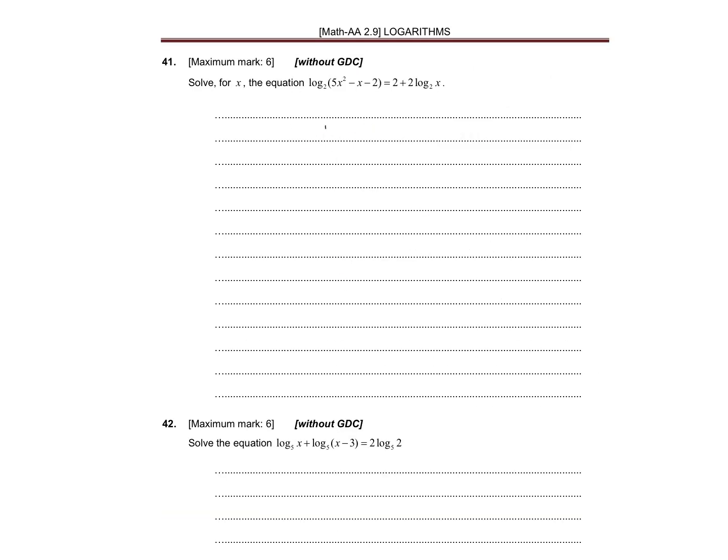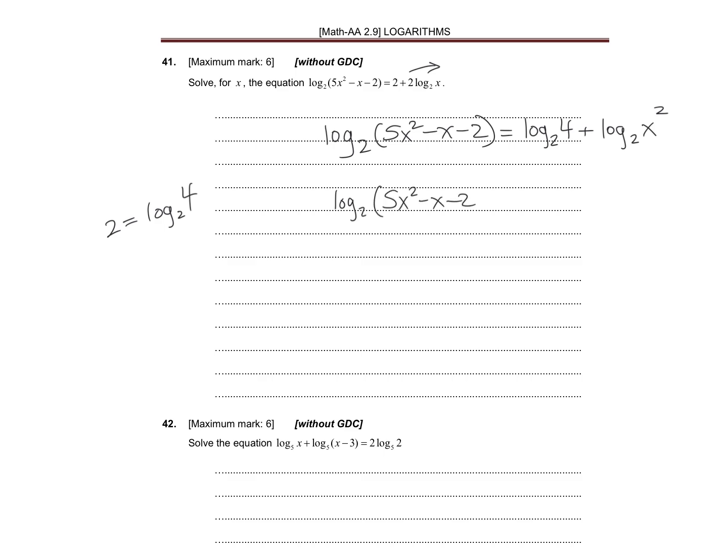Okay, this one is fine on the left. But we need to write 2 as a log base 2, and that's going to be of 4. And this 2 will pop up. And we need to get that together. 5x squared minus x minus 2.